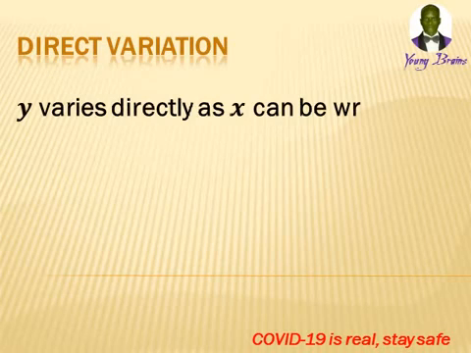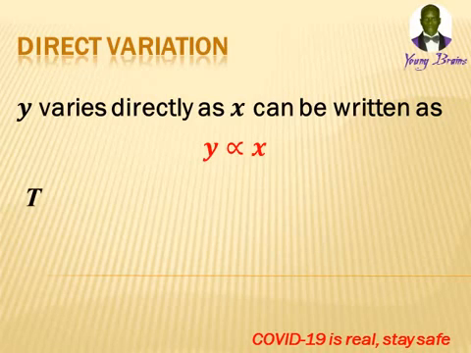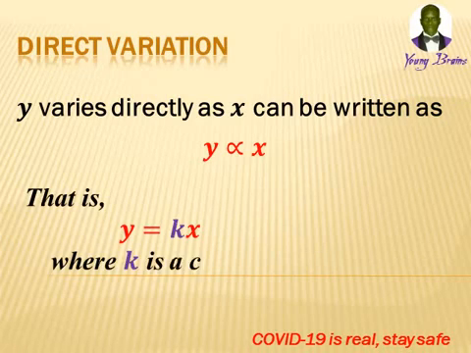Suppose y varies directly as x. We can write it as y is directly proportional to x. The sign between y and x is the proportionality sign. You can further write it as y equals kx.